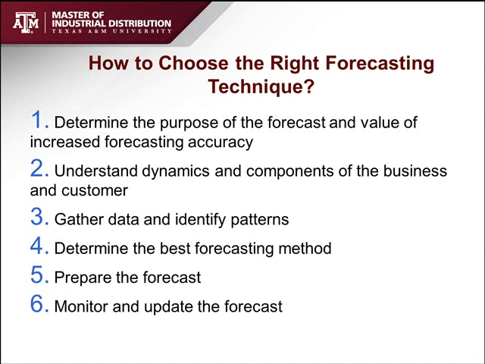But the forecasting decision usually depends on the purpose of the forecast, right? So you need to decide what this purpose is, and based on that purpose, you need to also decide what is the importance of improving the forecasting accuracy. For example, when you need a gross sales estimate, improving forecasting accuracy may not be that important compared to a situation where you are using forecasts for weekly production planning.